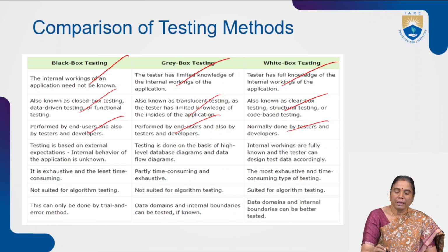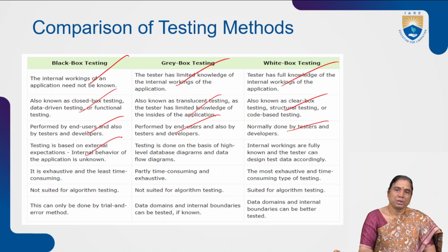Black box testing is based on external expectations, not the internal behavior of the application. The user interactions are majorly concentrated in black box testing. But in grey box testing, done on the basis of high level database diagrams and data flow diagrams, the process flow can be verified.